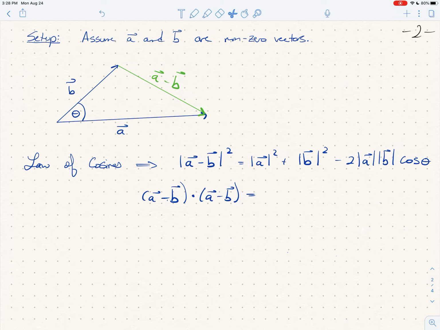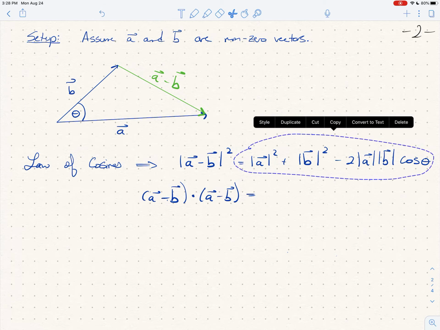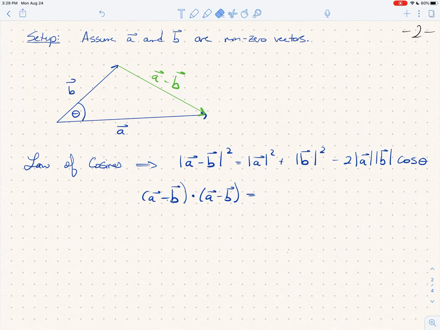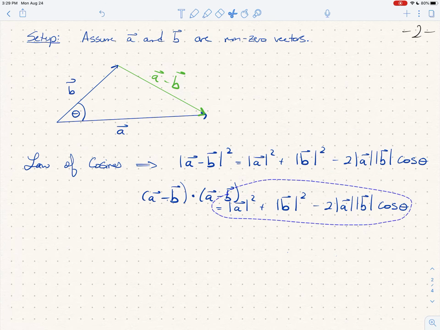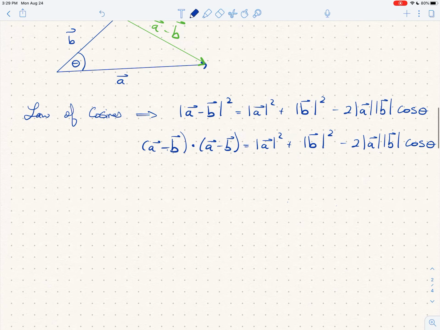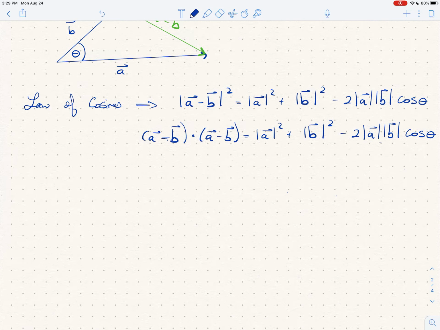I'm just going to copy the other side and drag it along here. Let's erase the equal sign and paste it back here. Very good. Now we learned with our rules for dot products that you can distribute this out. You can quite literally FOIL this out exactly the way that you think you should. And so when you do that, you end up with A dot A, which I'm going to write as length of A squared.